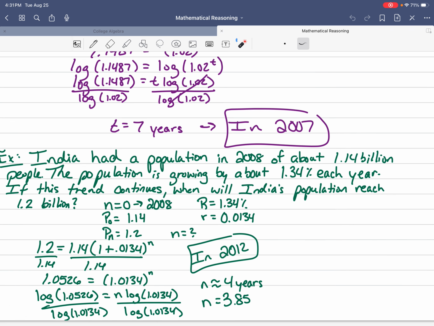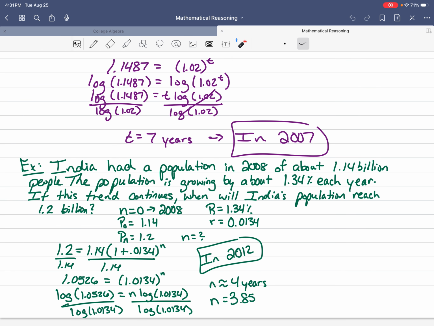All right, one last example here for this. India had a population in 2008 of about 1.14 billion people. The population is growing by about 1.34% each year. If this trend continues, when will India's population reach 1.2 billion?